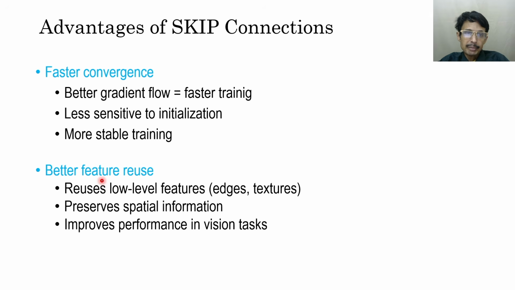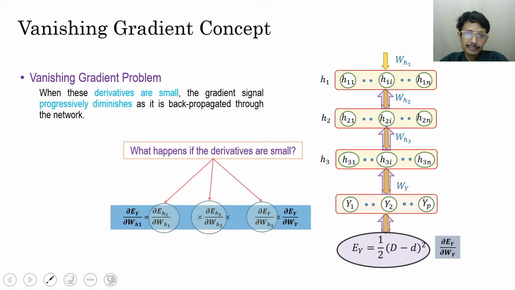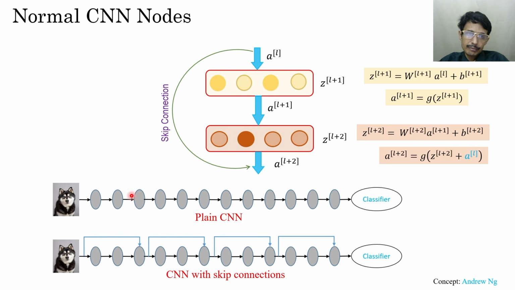Next thing is the better feature reuse. One thing is very important that we have to understand, so we go back to this particular figure. Now, what does a deep neural network do? These initial layers basically model the very primitive geometrical features.